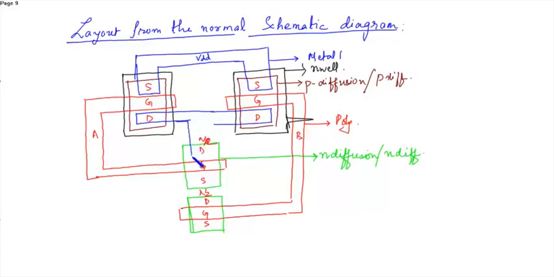They are shorted to this drain. Now the source is connected to this drain. This source is connected to ground. So this is ground.